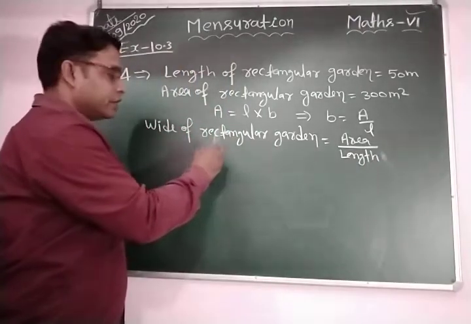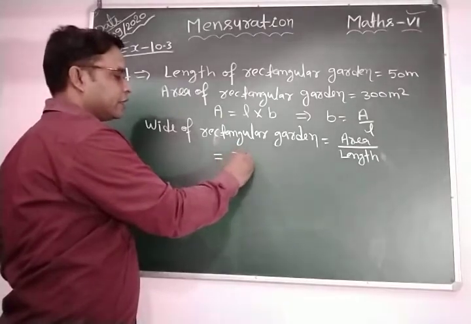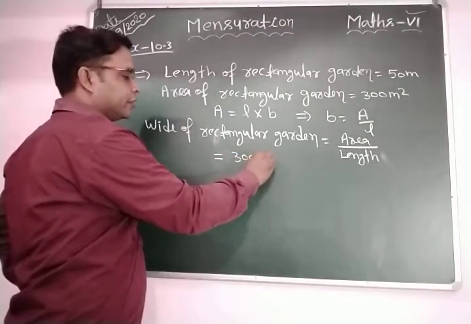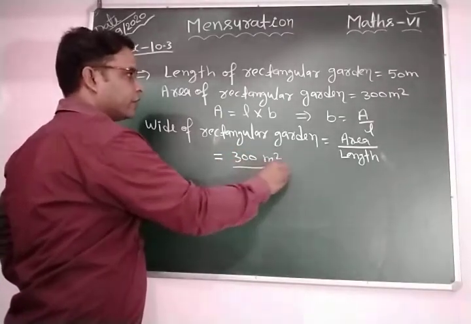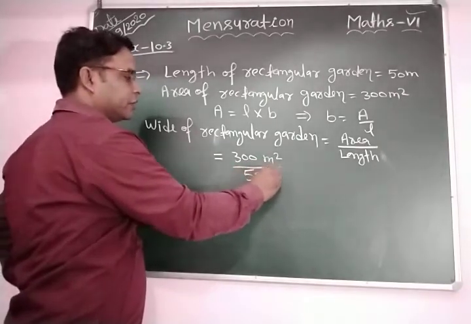Now the area is given as 300 meter square, and the length of the rectangular garden is given as 50 meter.